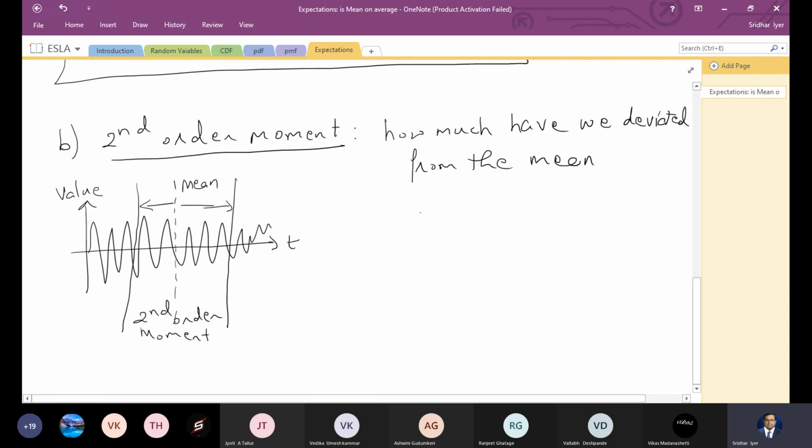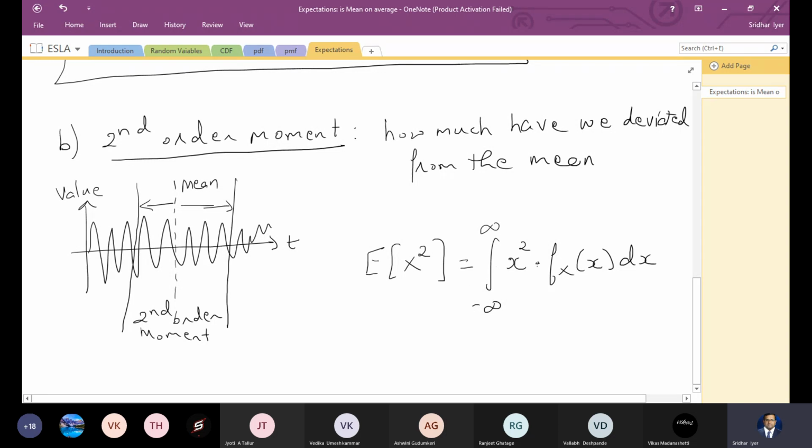Okay, so how do we define it now? We define it as E of x square. Okay, mean was E of x, second order moment is E of x square, and it is simply the integral from negative to plus infinity of x square fx of x dx. So the first order moment was mean, which is x fx of x dx.